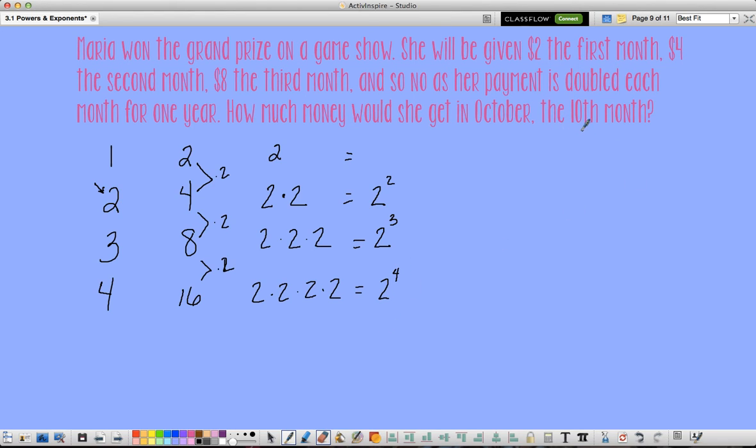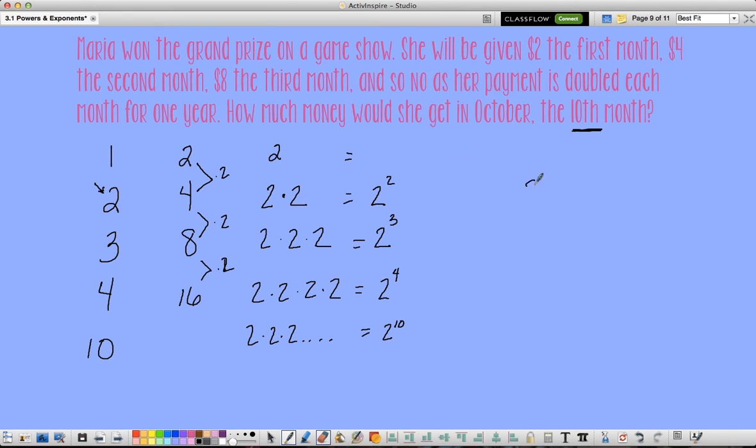So we want to know how much money will she get in the 10th month. Well, we know in the 10th month we have to continue to double everything, so we'll actually have taken 2 times itself 10 times. So in that 10th month, instead of writing out all these times 2's, we can just take 2 to the 10th power.